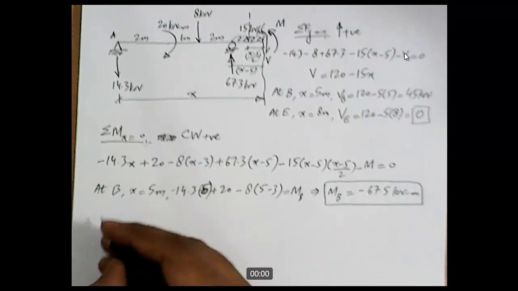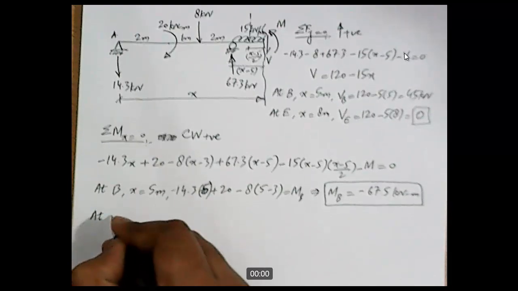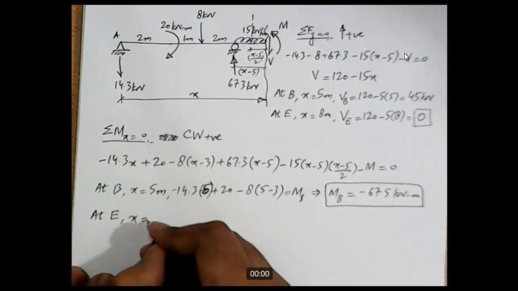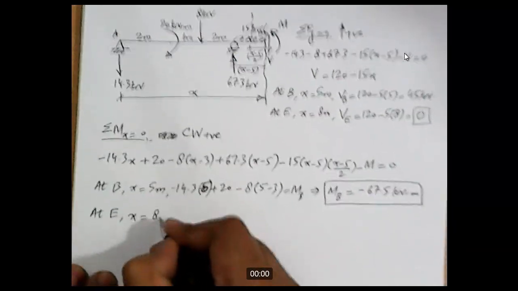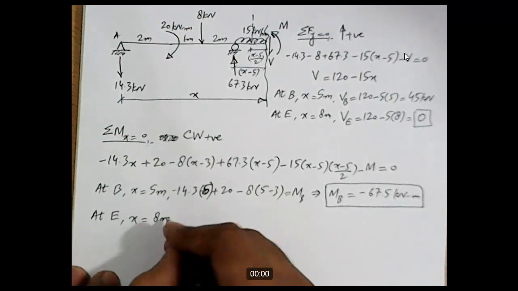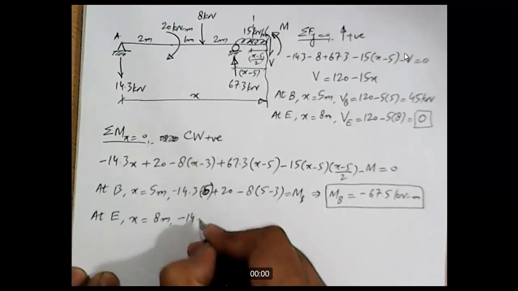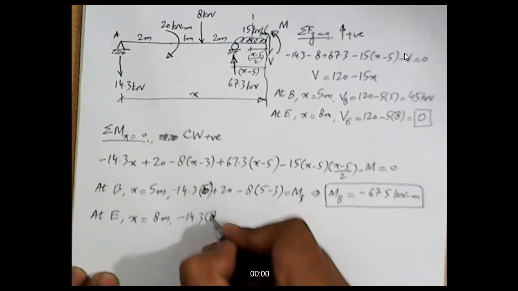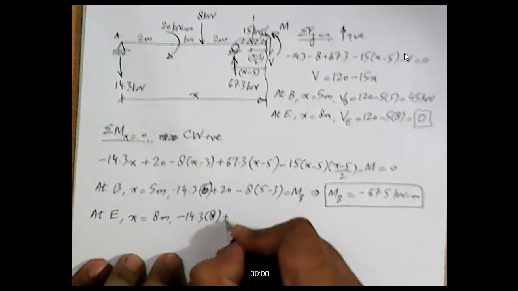Okay, last is at point E, x is equal to 8 meters, and in this case none of the terms will become 0, so we have to plug in the value of x in all the terms.